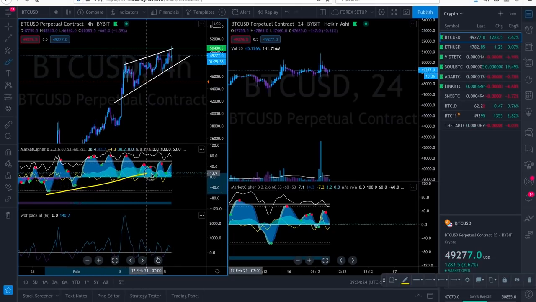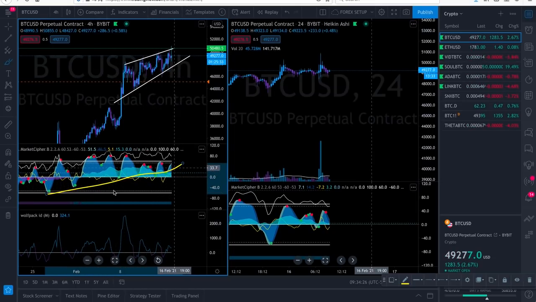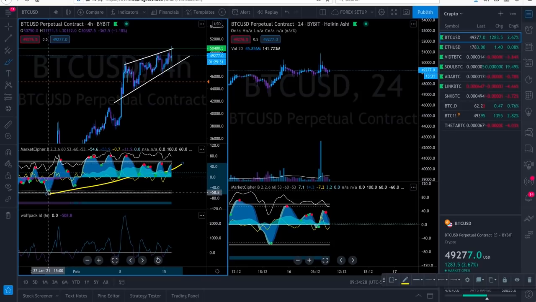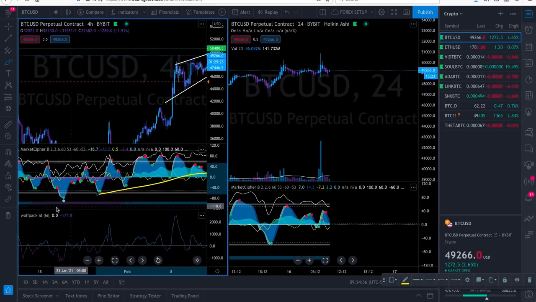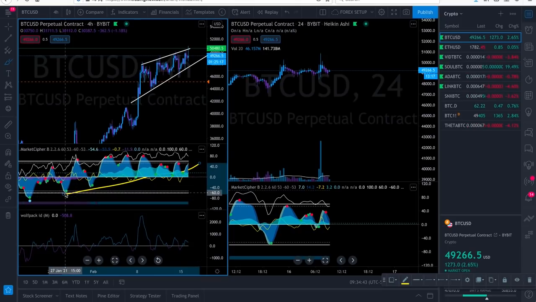And we can clearly see by looking at Market Cipher B that for the past few weeks, the upward momentum has continued to print higher lows on these trigger waves. We had a big anchor wave over here on January 21st, and since then we have been getting these trigger waves, and each trigger wave has been pushing the momentum upward and the price has been going higher.